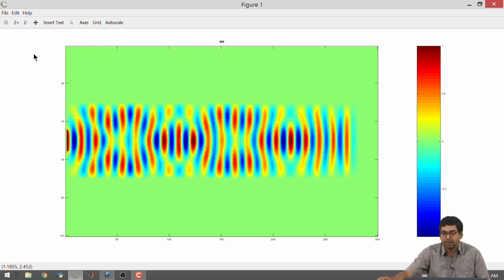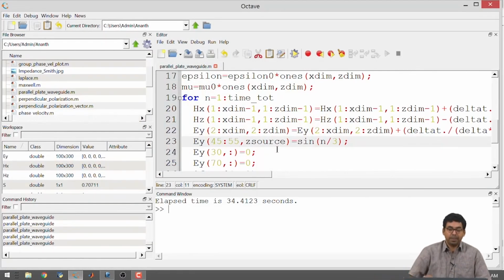So, in practice, in order to avoid all these complications, people try to use a source that is as wide as your waveguide, okay, and also try to make sure that at the frequency of operation, whichever frequency you are choosing, at that frequency the waveguide supports only say one mode, alright, and the fundamental mode is what you want to operate with most of the cases, unless there is some explicit need to excite the higher order mode.